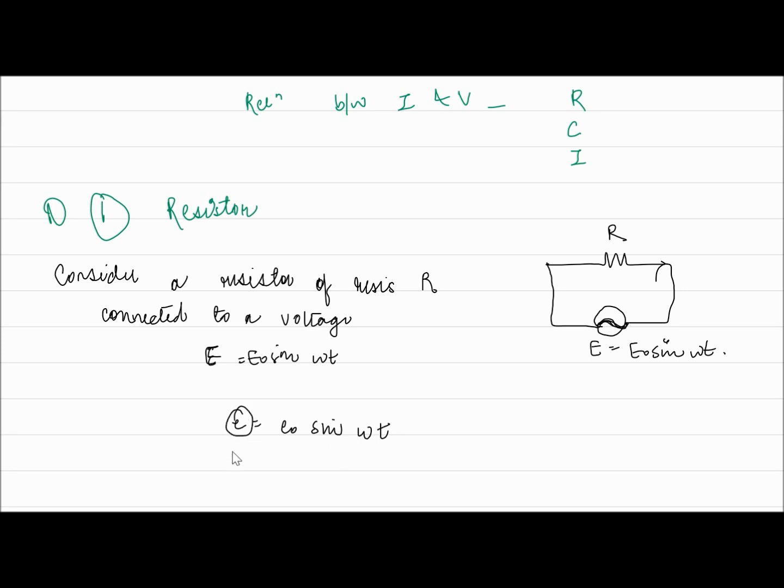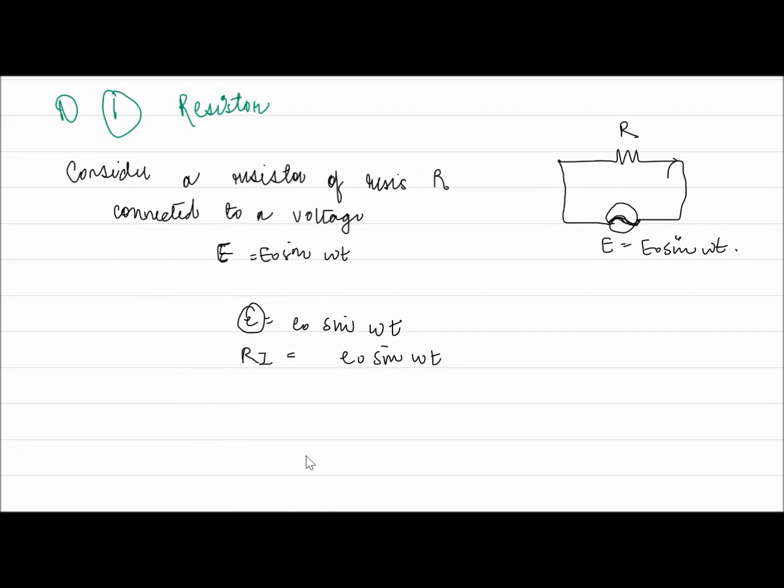We can write E as Ri equals E naught sine omega t. So we can write I equals E naught by R sine omega t, and this is known as I naught sine omega t.